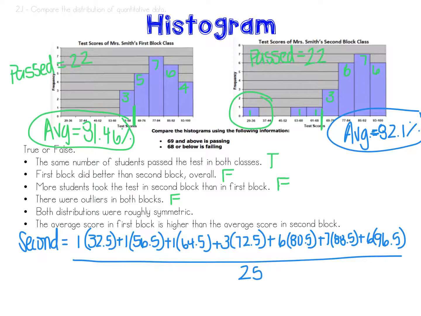And when I do the same thing for second block, I get an average of an 82.1%. So their actual average score, or their estimated average score, is higher in second block. So that kind of reinforces my prediction about the students doing better in second block than in first block. So the average score in first block is higher.